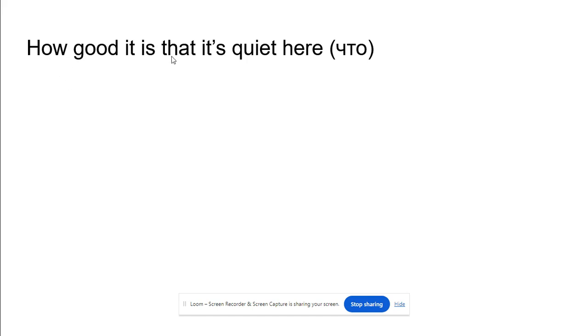How good it is that it's quiet here. This is a tricky one. Now, in English, we're using the word that in this case to join these two simple sentences. But in Russian, in this case, we would be using the word что.